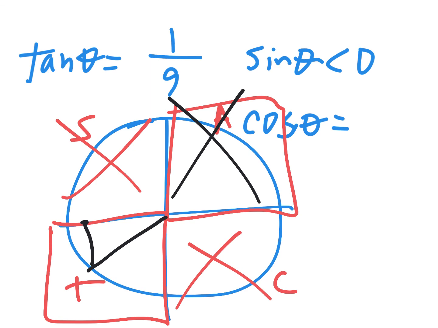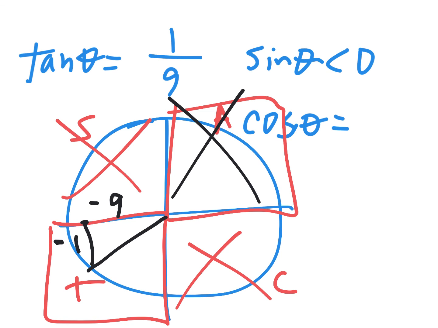The opposite side is 1, the adjacent side is 9, and I have an apology to make it a negative. I apologize. No, wait, no, I'm right. It's just that they're both negative, which is weird, but true, because they're both negative, they would cancel and it would become positive.